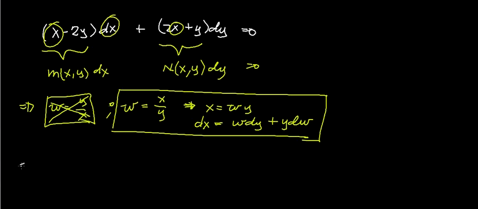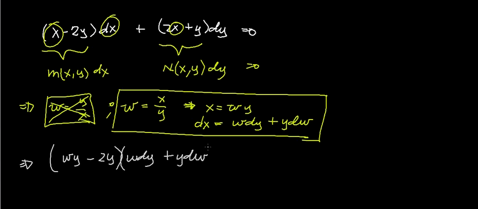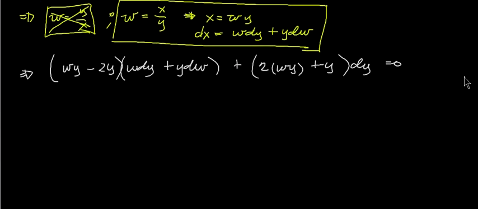So we have (wy - 2y), then our dx is w dy + y dw, plus (2x + y) dy, with x once again wy, is equal to 0.